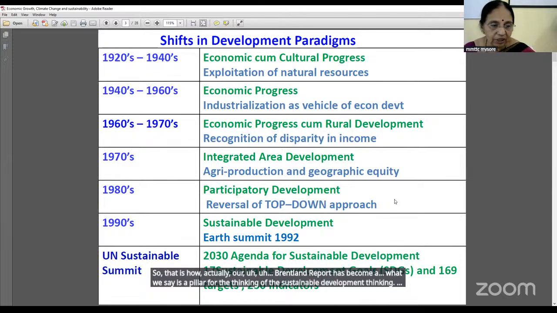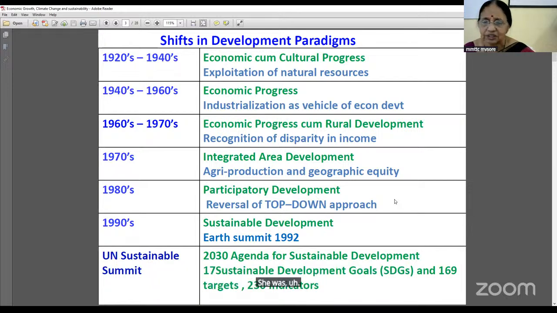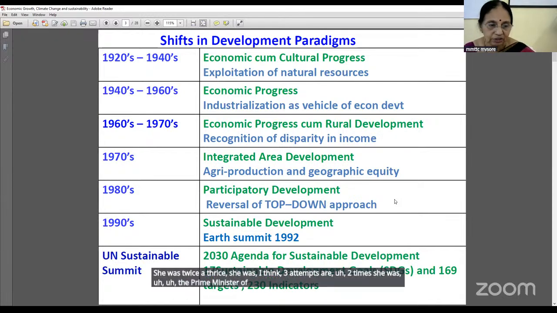So Brundtland, she was the Prime Minister of Norway. She was twice or thrice, I think, the Prime Minister of Norway, and she was also Minister of Environment. So she was invited by the UN to prepare a report on the environment and development.